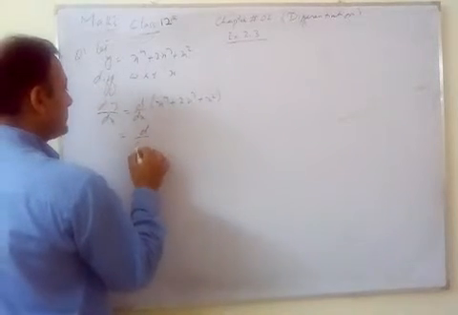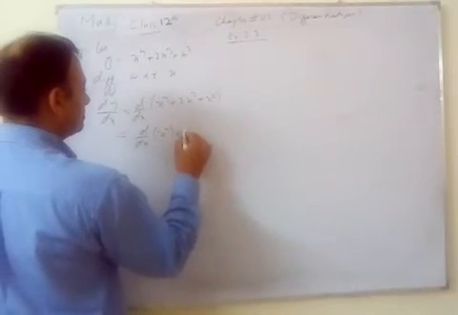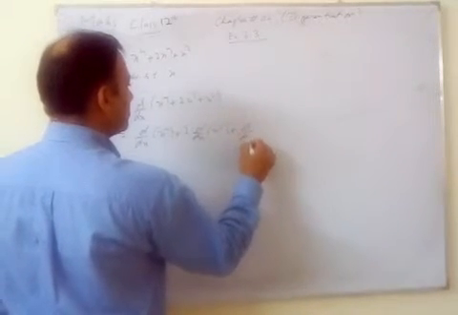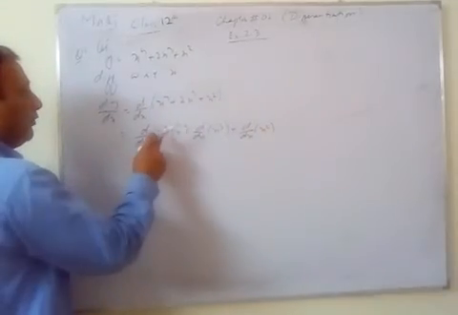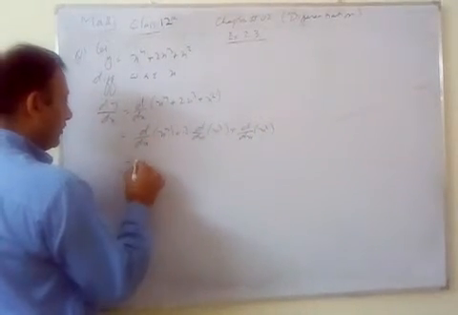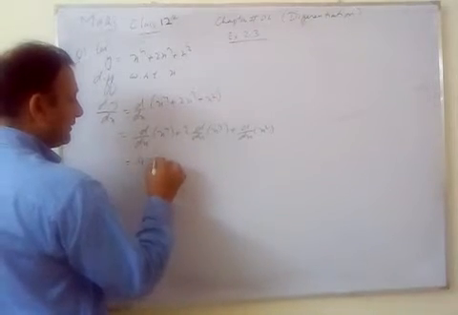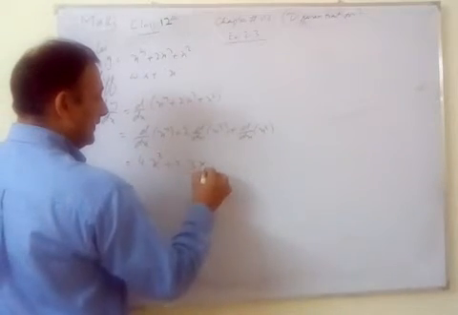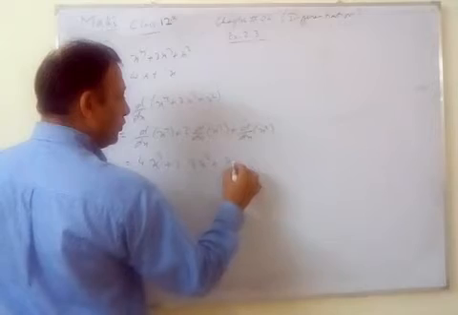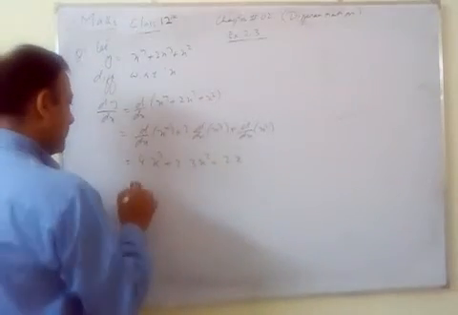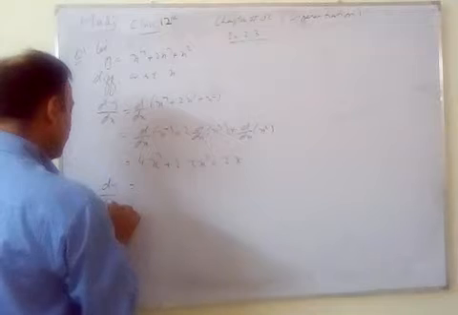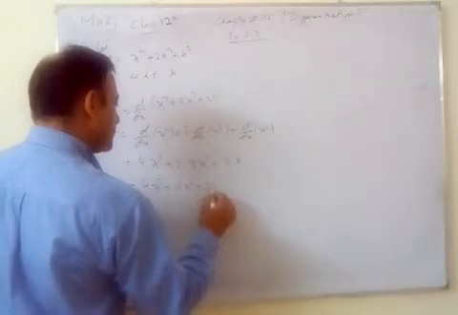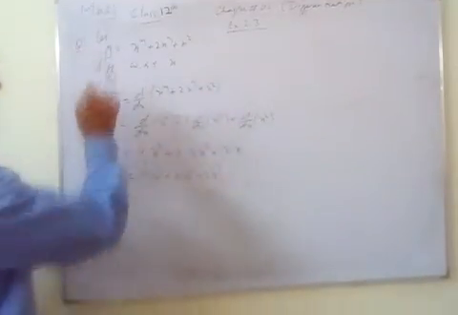So we use it separately. Now power rule: according to power rule, 4 x power 4 minus 1 plus 2 into 3 x power 2 plus 2 into x. So dy by dx we have 4x cube plus 6x square plus 2x. So this is the result of this.